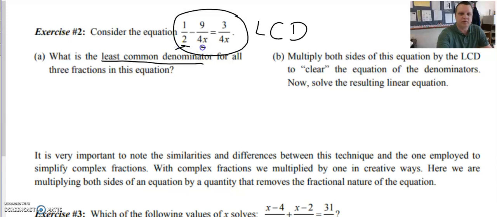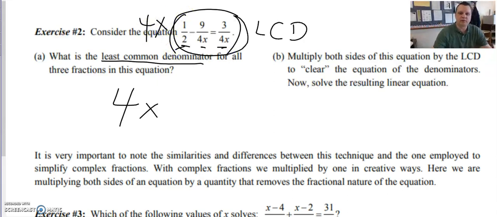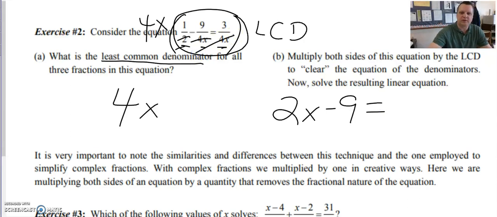So you have a 2, 4x, and 4x. So the LCD is 4x. Then once that occurs, you multiply everything by 4x. Here, the 2 is going to cancel with the 4 to give you a 2x. The 4x cancels totally, minus 9 equals. The 4x cancels totally, equals 3.